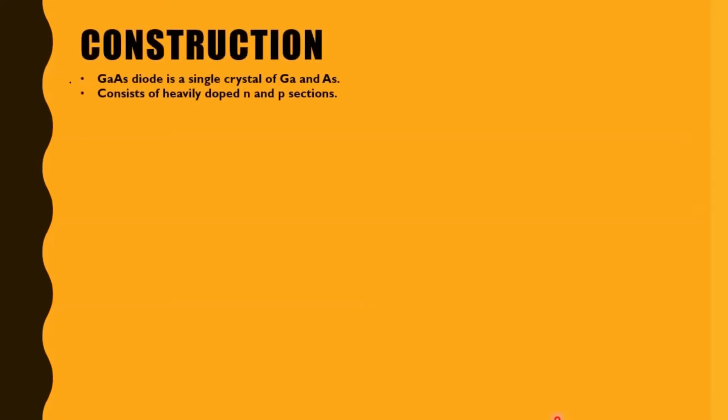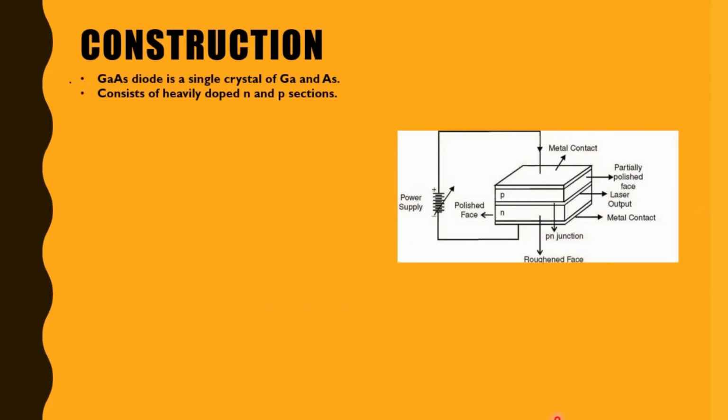So now let's move on and see the construction. The GaAs diode is a single crystal of gallium and arsenide. It is heavily doped in the N and P sections. That means the P section is heavily doped with holes, and the N section is heavily doped with electrons.